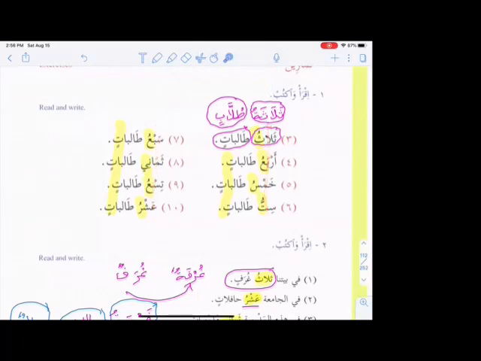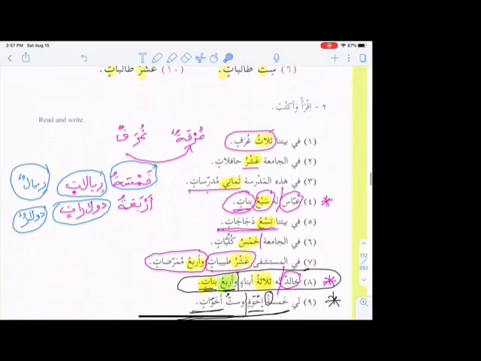There is no ta marbuta there. So just for the fun of it, if you say salathu talibatin, change talibatun into tullabin, you will say salasatu. That's all. Salasatu. Here it is salasu. Here you will say salasatu.